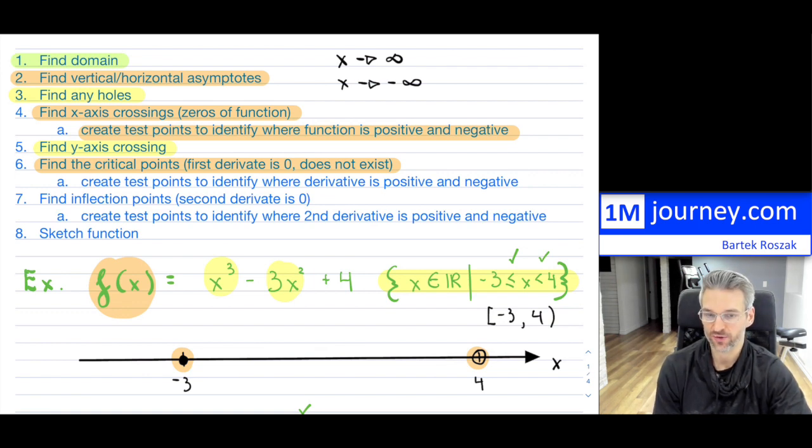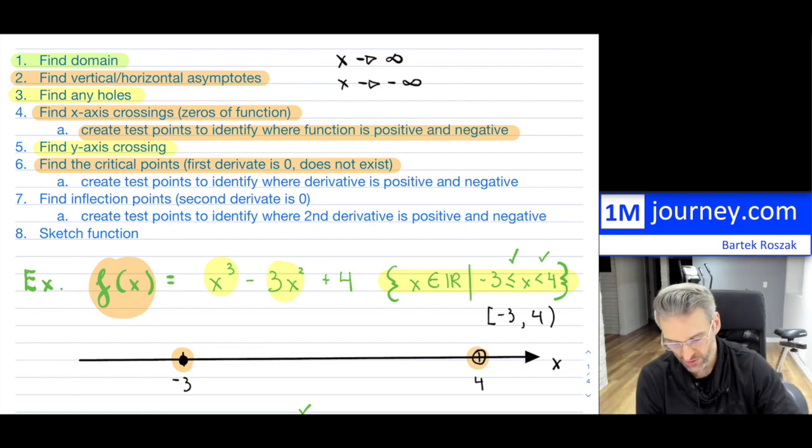Now, why doesn't the derivative exist there? Again, that is because from the left-hand side on the -3, we don't have a limit, because the function is not defined to the left of -3. And then the same thing at 4, from the right-hand side, we don't have a limit. So we can't really have a derivative there that exists.